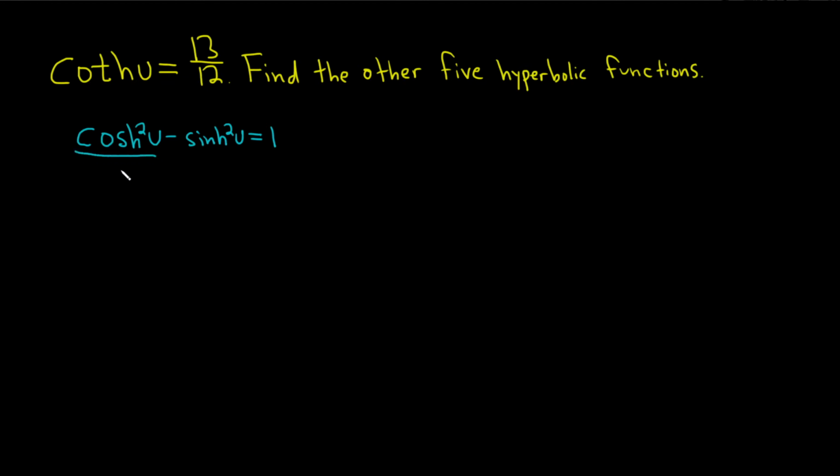So let's divide everything here by sinh squared of u, and then divide here by sinh squared of u. This piece here will be the hyperbolic cotangent squared of u. This is 1, and 1 over sinh squared is the hyperbolic cosecant squared of u.